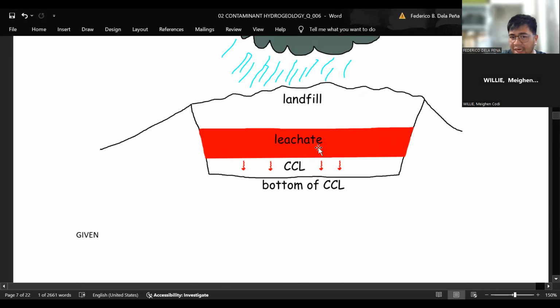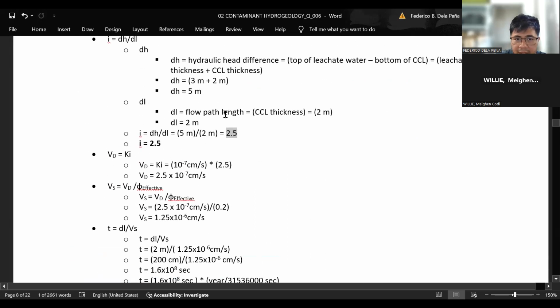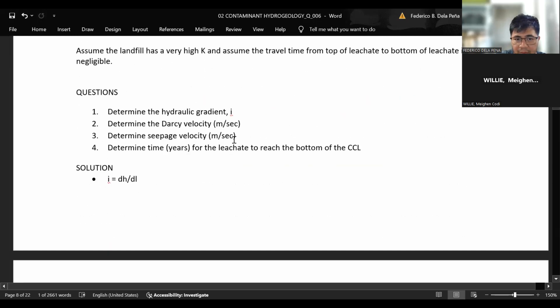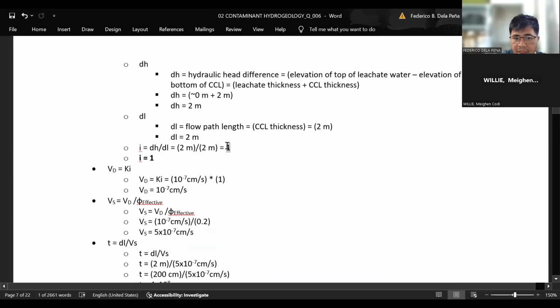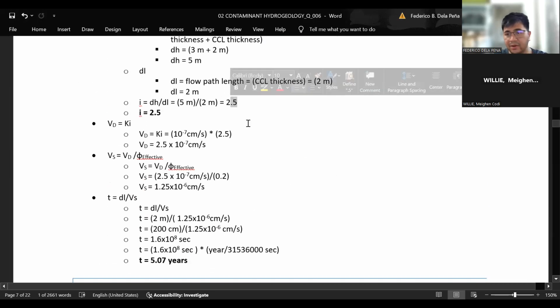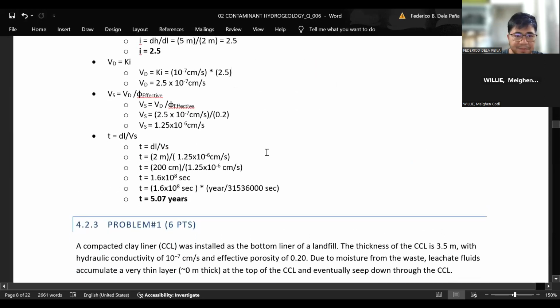You have a thicker leachate thickness, and it's essentially exerting more pressure at the top of the CCL. You went from a hydraulic gradient of 1 in the first problem to a hydraulic gradient of 2.5 simply because you have more hydraulic head difference.